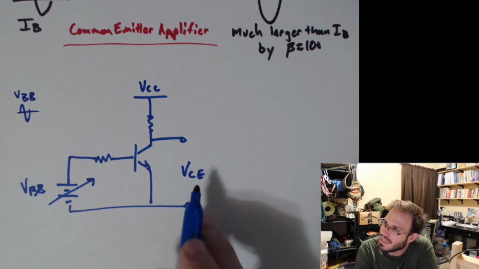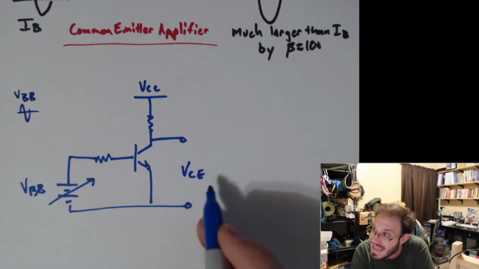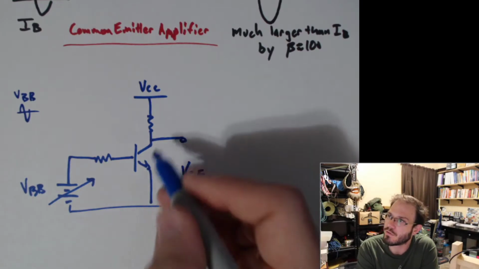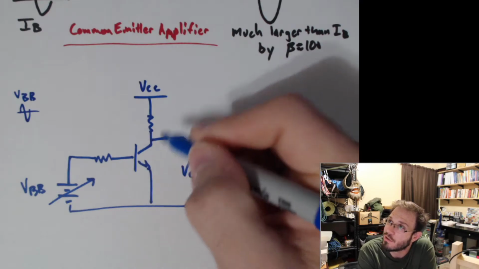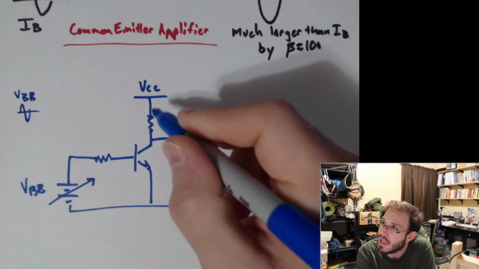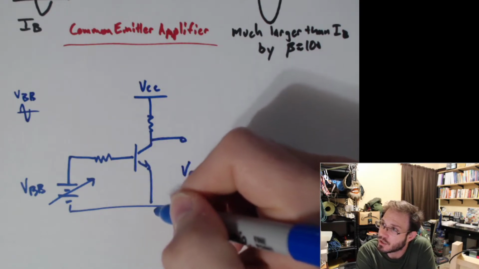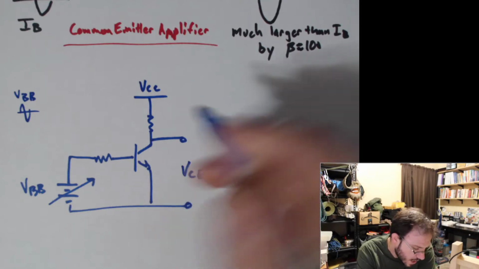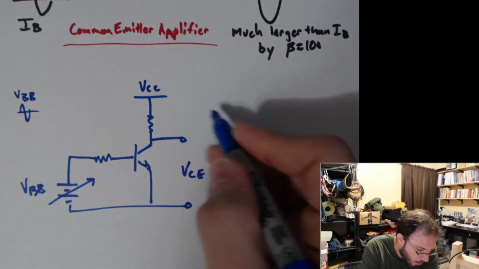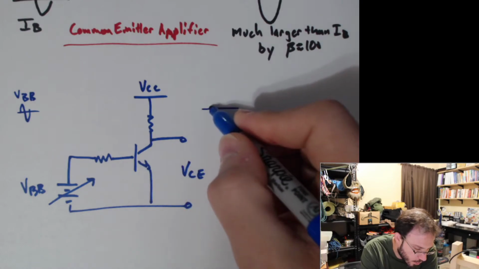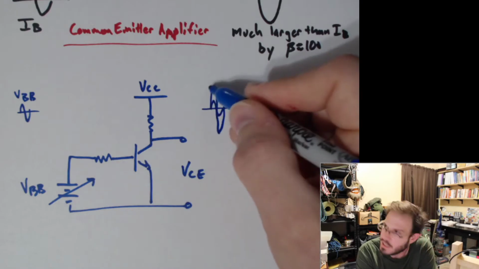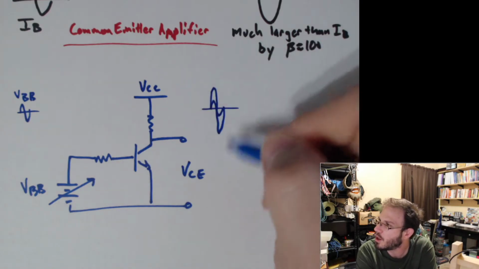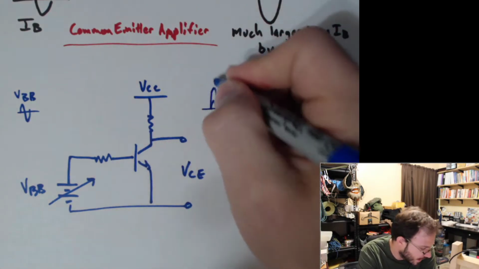And similarly on the output, now our output is actually VCE, or the voltage drop across here, which changes as the current flows between VCC and the collector, and then eventually to this emitter over here. So we have now an output in terms of a voltage. Just imagine this is a larger sine wave of some kind.